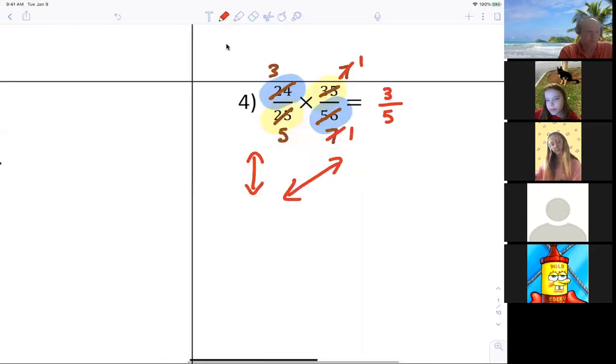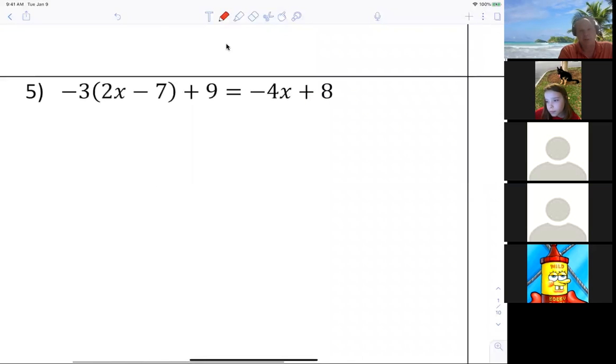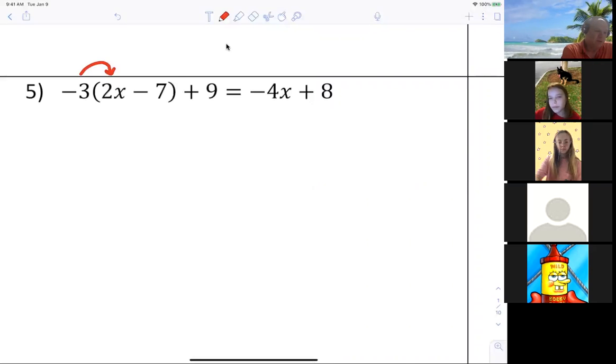Here we go. Number 5. Now here's where people are making mistakes when they're distributing. Distribute a -3. -3 times 2x, -6x. -3 times -7, +21.